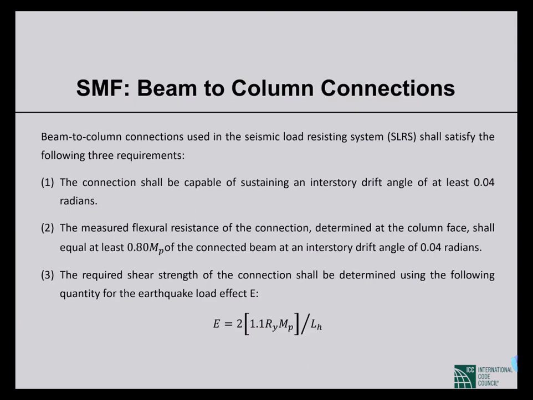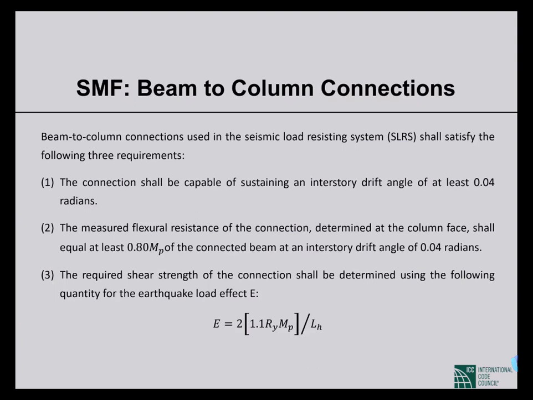So we want to make sure that a significant amount of rotation it can sustain. Second, the measured flexural resistance of the connection, determined at the column face, shall equal at least 0.8 Mp of the connected beam at an interstory drift of 0.04 radian.